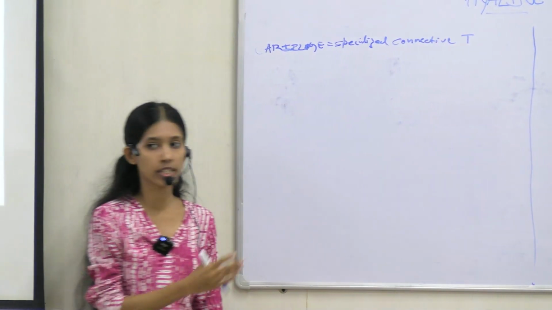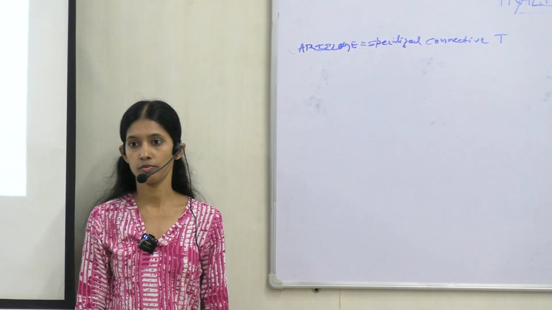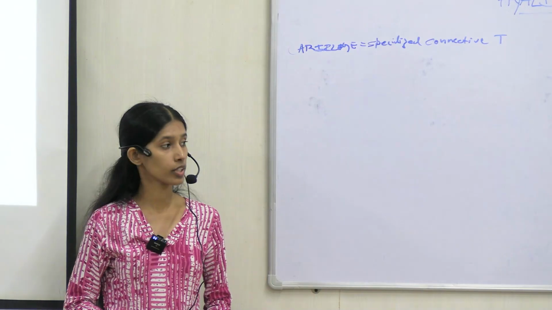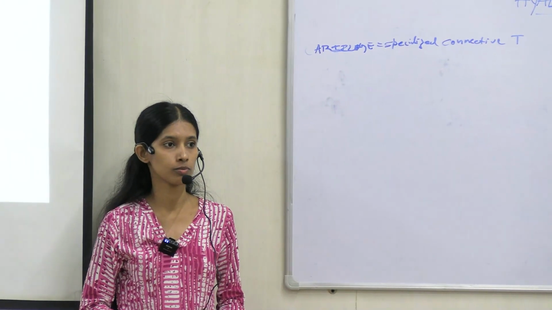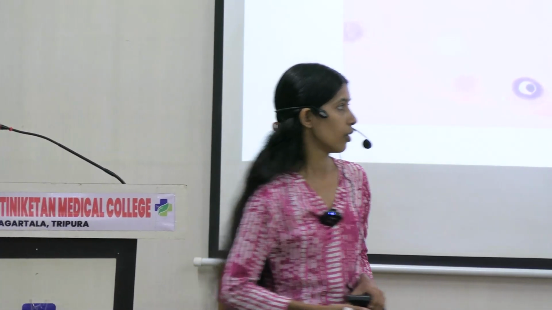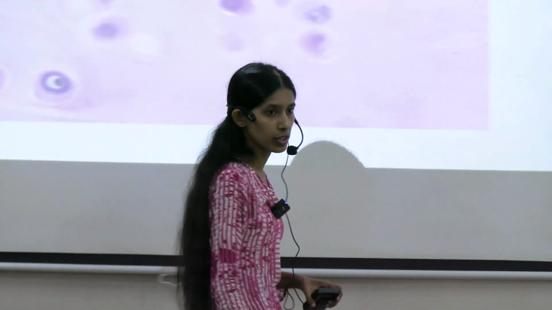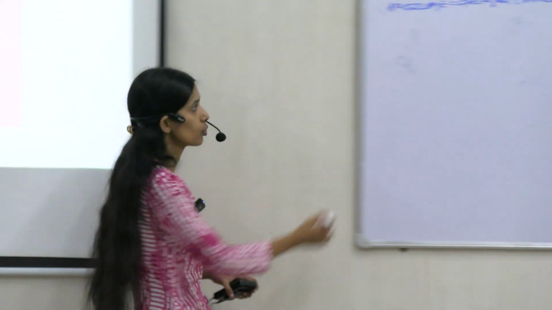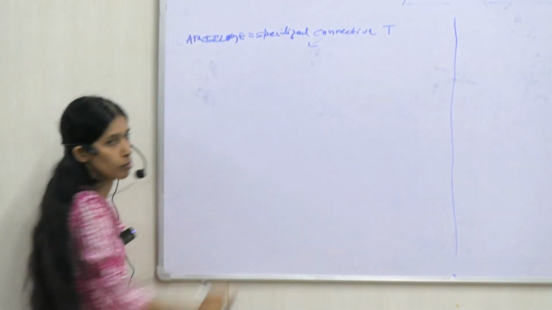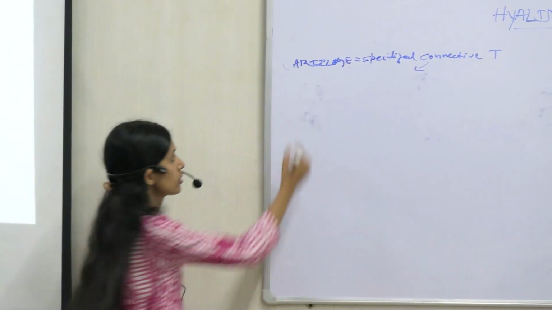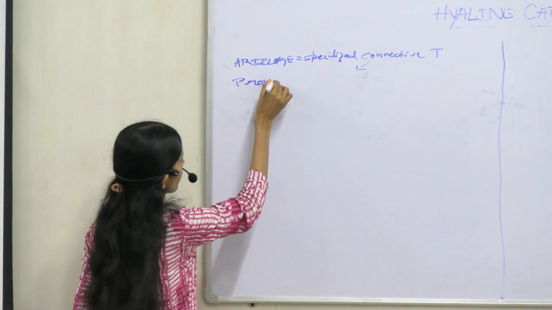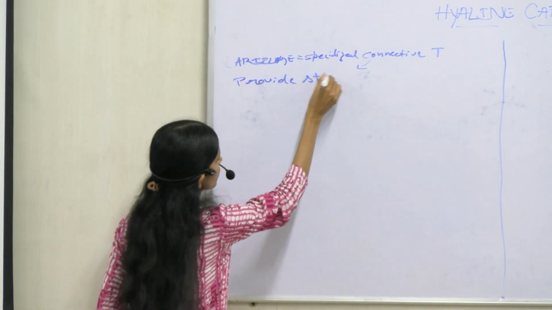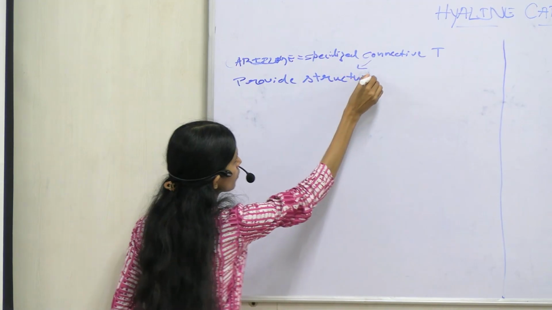So what do you mean by connective tissue? And what is the function of connective tissue? What was the last lecture class topic? So the moment I mention the word connective tissue, you should remember it is meant to provide the structural support.